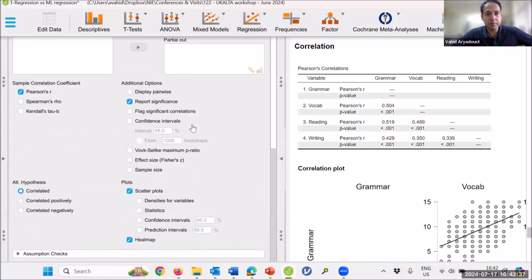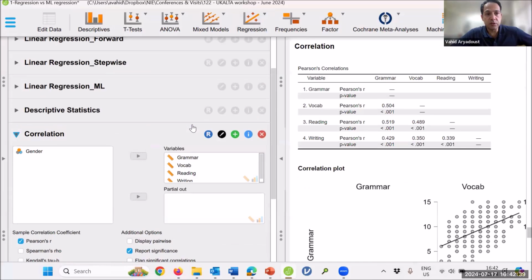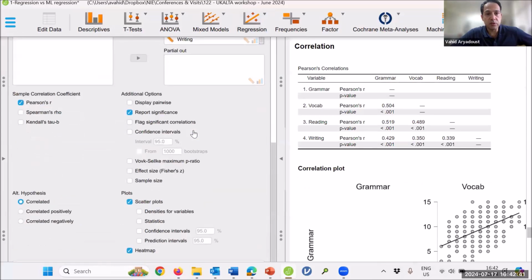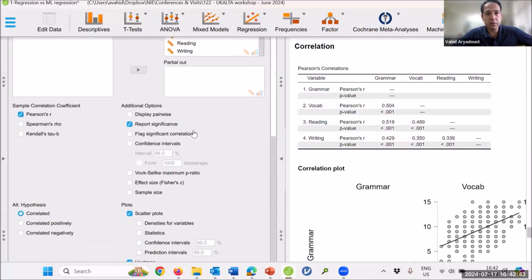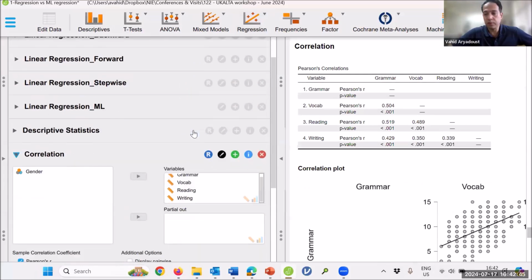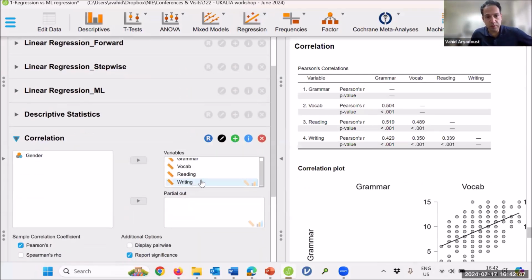So what you would need to do is to figure out whether there is a correlation between your independent variables. So I'm going to move writing out of this equation really, because multicollinearity is not about the correlation of your dependent and independent variables.